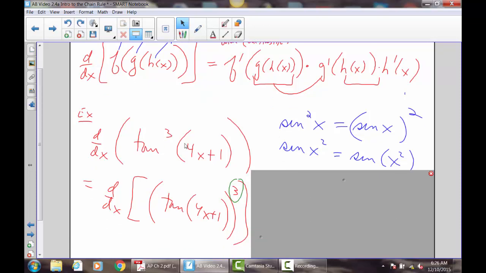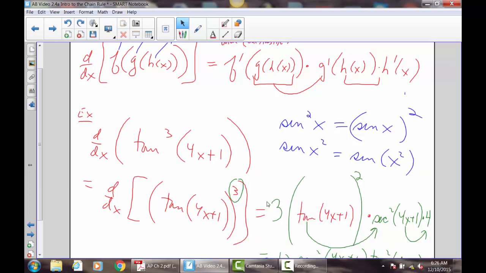So the first thing we do is rewrite this as the cube of the tan of 4x plus 1. So you want to get into understanding the outer function is the cube of, the middle function is the tan of, and the inner function is the 4x plus 1. So we do the outer function, which is blah, blah, blah cubed. The derivative of blah, blah, blah cubed is 3 times blah, blah, blah squared.